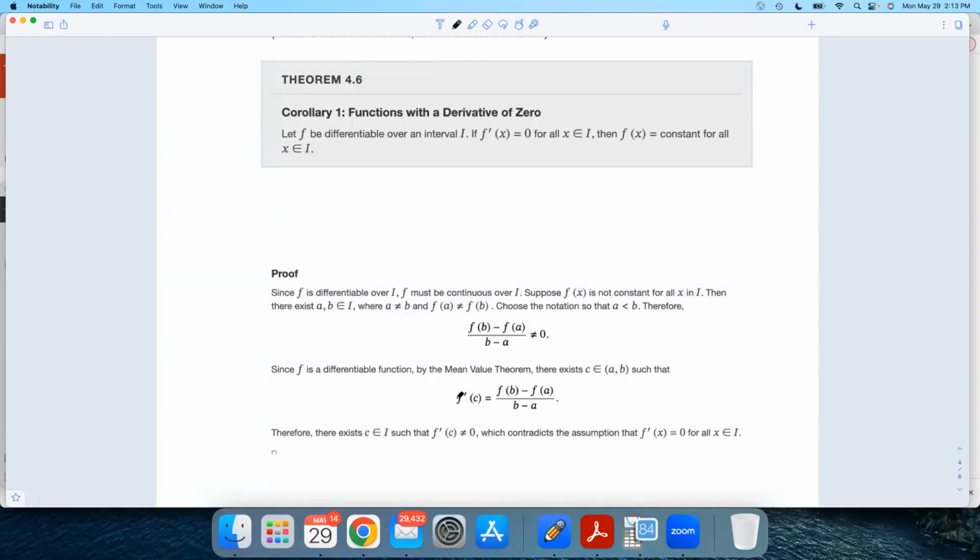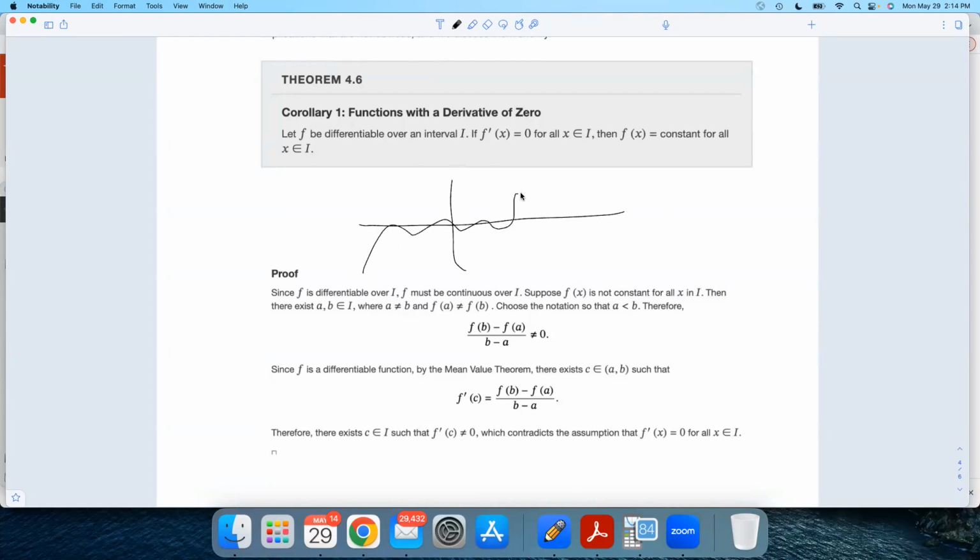So this is an if and only if statement. This works both ways. Constant functions have zero derivative. And if your derivative is zero everywhere on some interval, then you've got yourself a constant function. So you've got some function. I don't care what it's doing through here.